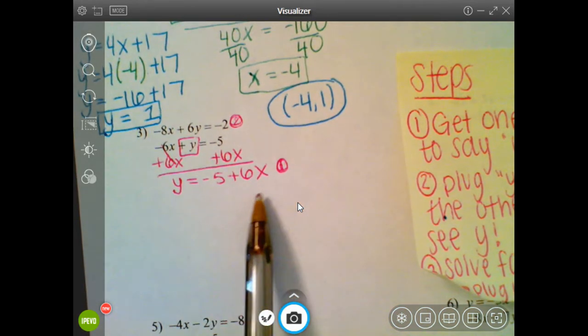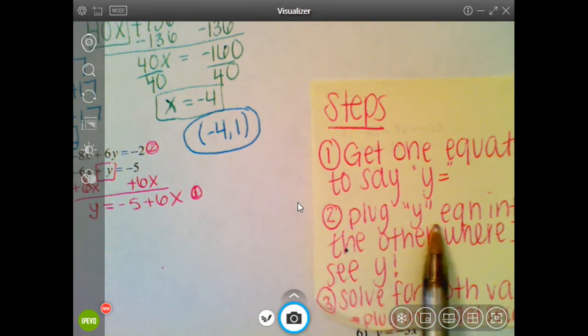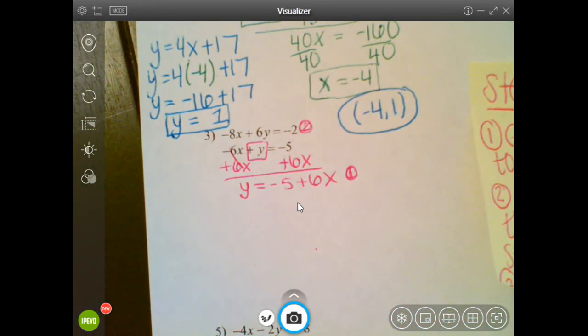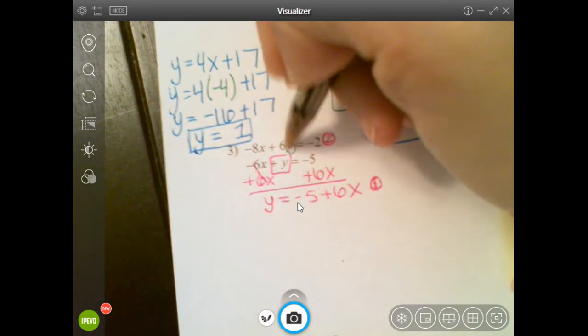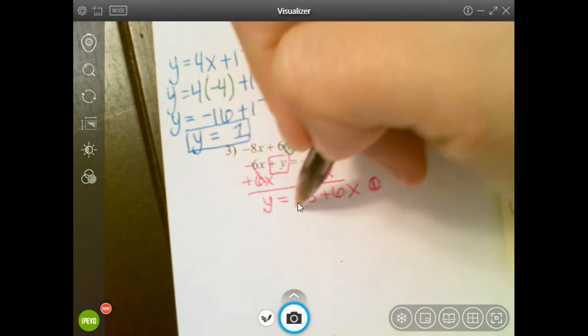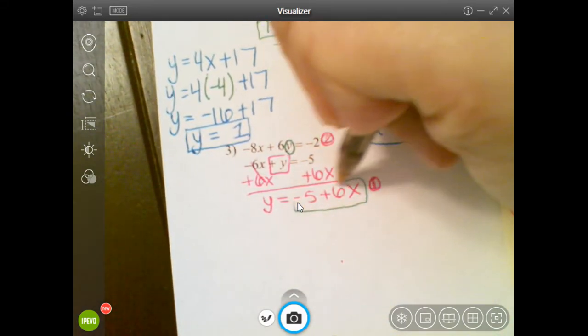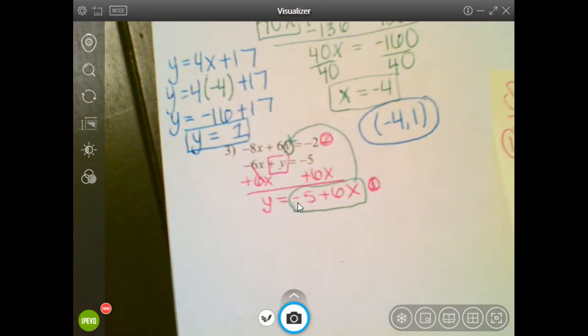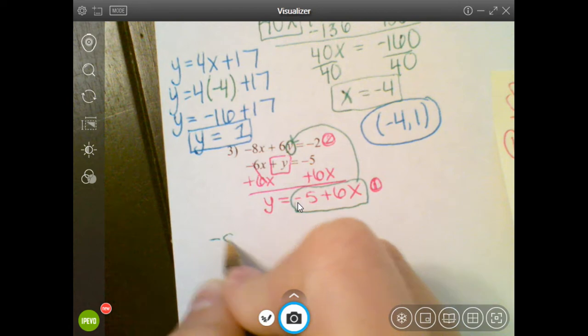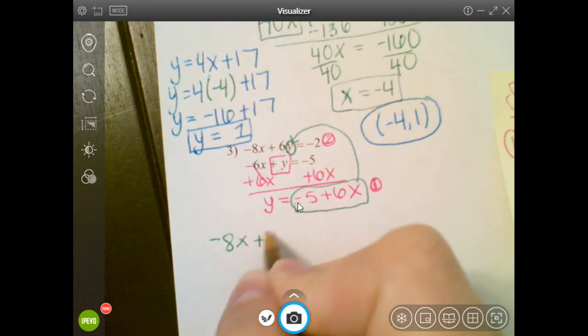Number 1 is. So now I plug the y equals equation into the other where I see the y. So if I look at my equation 2, here's the y. So I'm going to take what y equals here, and I'm going to plug it in where I see that y. So my -8x is going to stay, plus 6.